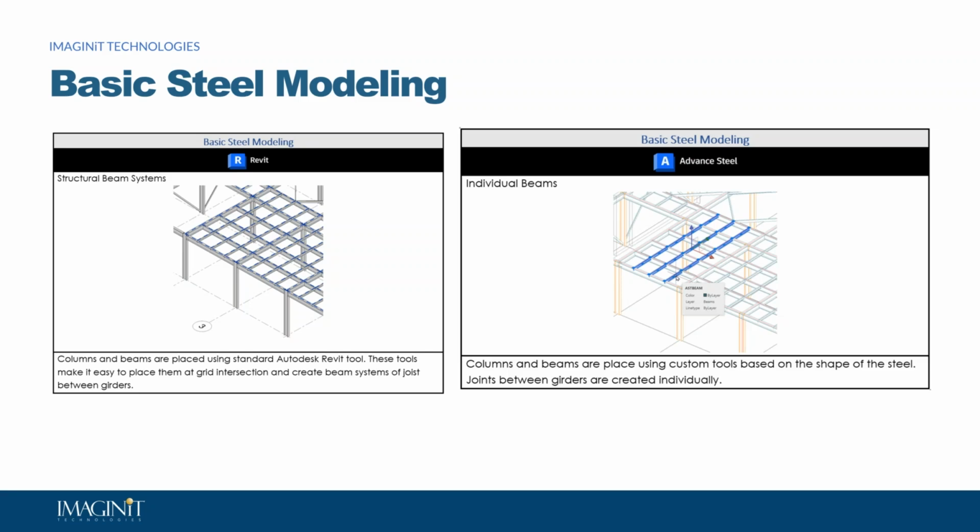Whereas in Advanced Steel, I need to place these individually. Yeah, pick them in one by one. Of course, I can put a whole group in and copy things around, but it's not quite as fast and quick as Revit, but still we're modeling. They work good one way or the other. It's just that Revit's a little quicker once it comes to putting out framing.